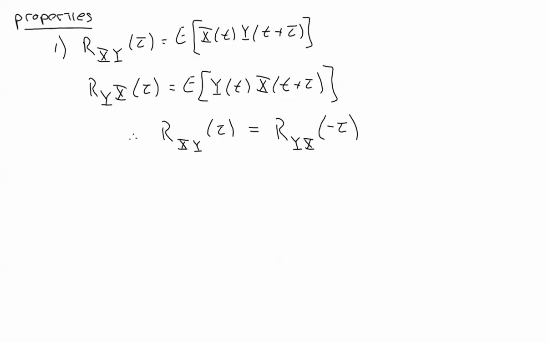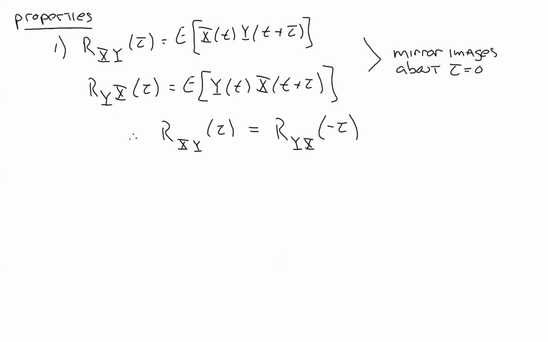In other words, these two relationships, those are both cross correlation terms. They are mirror images of one another about the tau equals 0 axis.